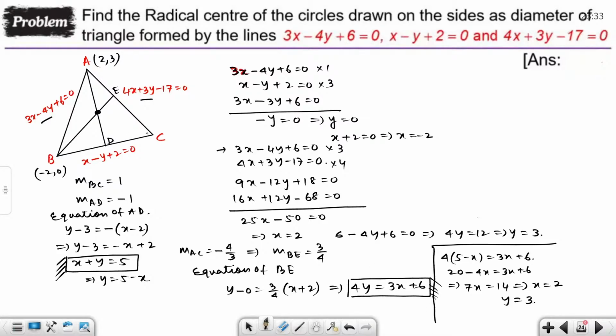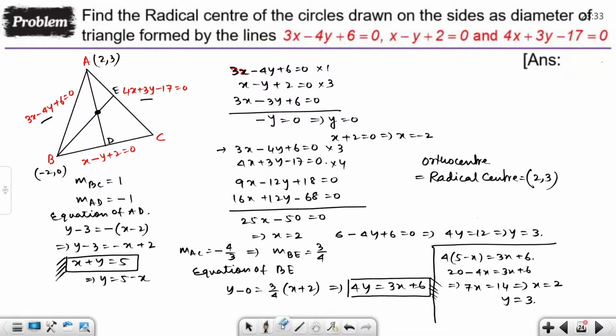Am I correct? Therefore, the orthocenter, which is same as your radical center, is basically 2, 3. Is it clear?